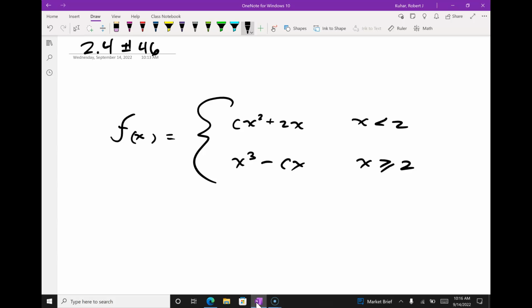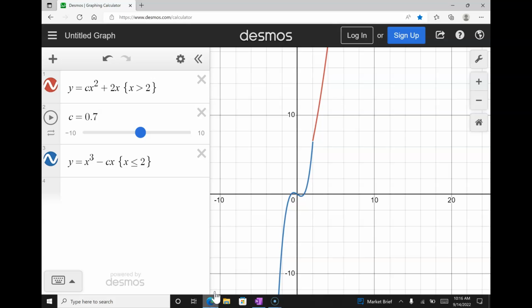I have to find the limit from the left to be equal to the limit from the right to be equal to the function, all at 2, right? Say it again? cx squared plus 2x, x is less than 2.